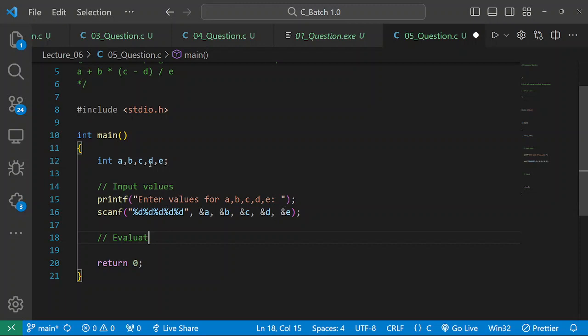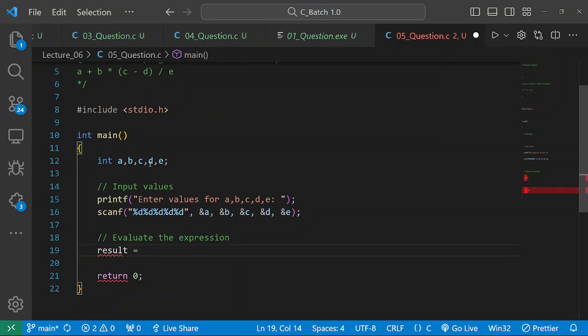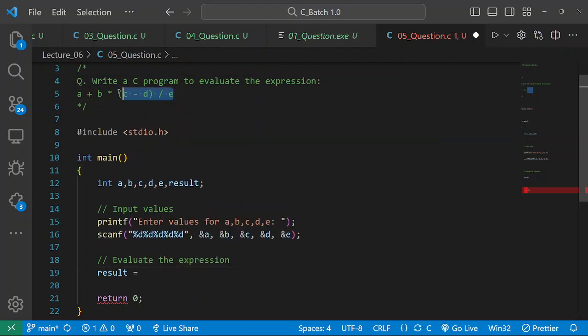Now I will evaluate the expression and store it in a result variable. No need to declare result again, we have already declared it above. Let me write result there itself, and the expression is this expression.